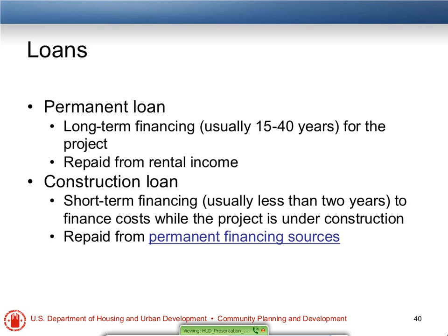So it is repaid from permanent financing sources that could include the permanent lender repaying a portion of the construction loan. It also may be repaid from a large equity investment from your tax credit investor. Typically at completion, your tax credit investor will invest a large percentage of the equity that they have agreed to provide, and that will be used to pay off the construction loan.